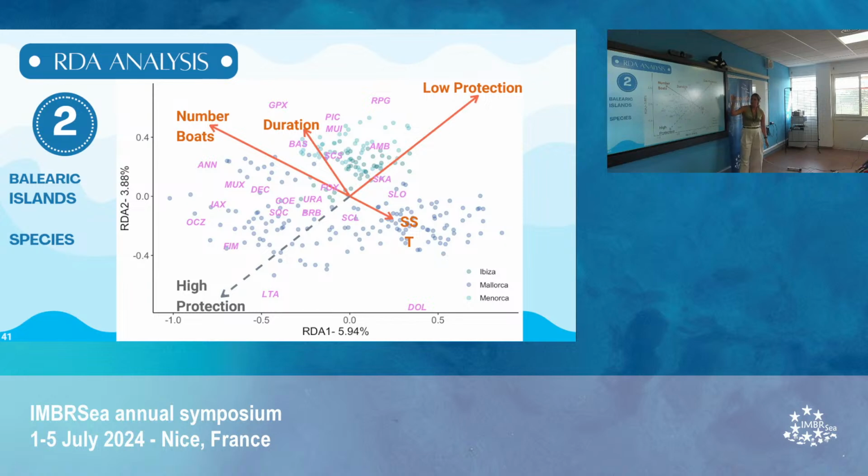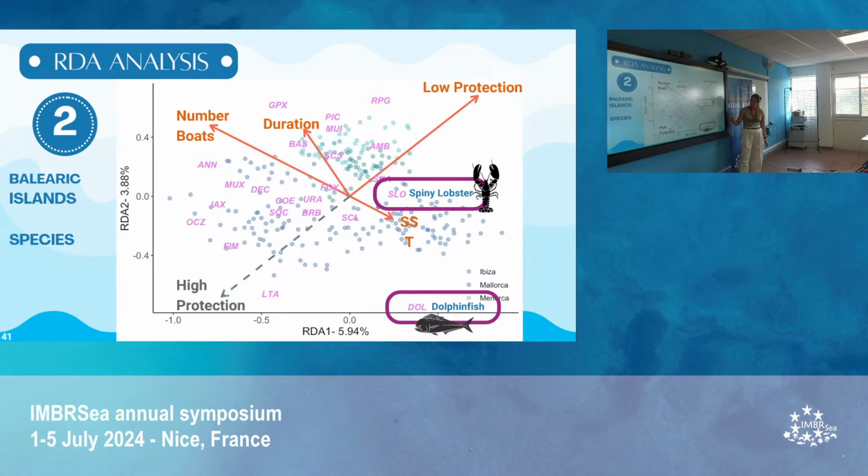So looking at this graph, this is the species, and hopefully it helps explain the main patterns. So sea surface temperature is positively influencing the spiny lobster and the dolphin fish. The dolphin fish being a more tropical species, and the fishery is increasing in the Balearic Islands.